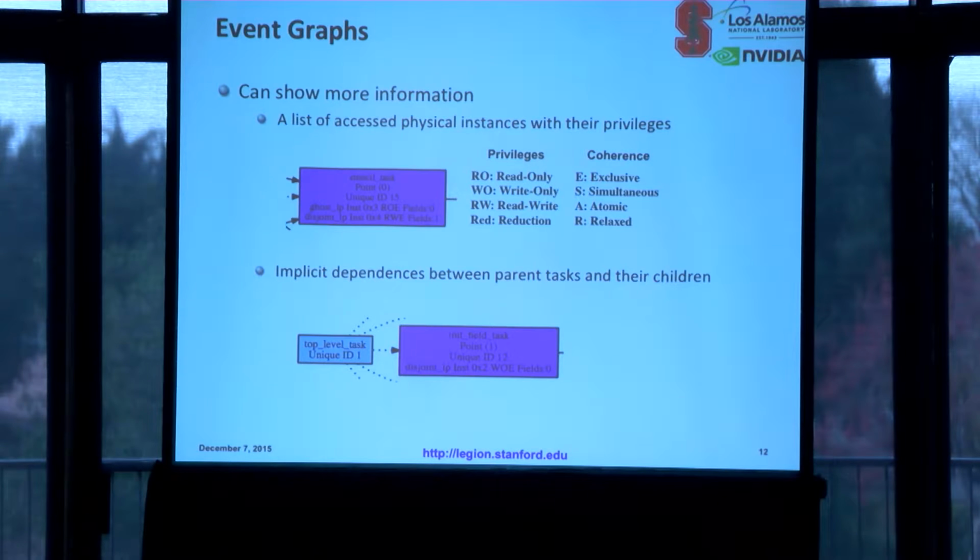And each of the tasks, as I said, has more information about the task. So it will show you which physical instances are being used for this task and the privileges on all the logical regions. And this graph will also show the implicit dependency between parent task and the child task.